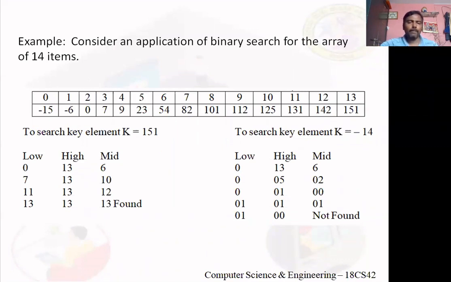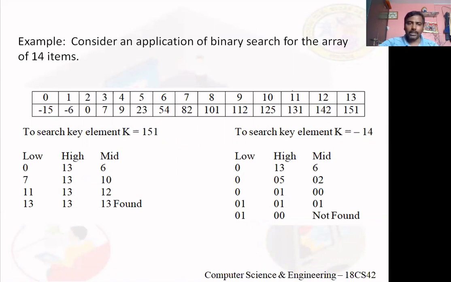Initially, the entire array contains how many elements? 14 elements. Here, low represents the index of the first element in an array. Later it gets changed.